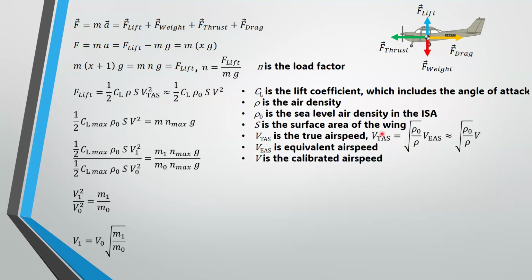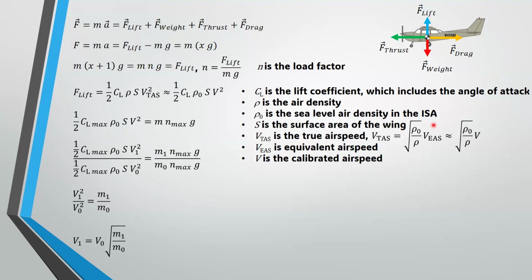And what we will use is that true airspeed is equal to the square root of the air density at sea level in the international standard atmosphere divided by the actual air density, multiplied by equivalent airspeed.